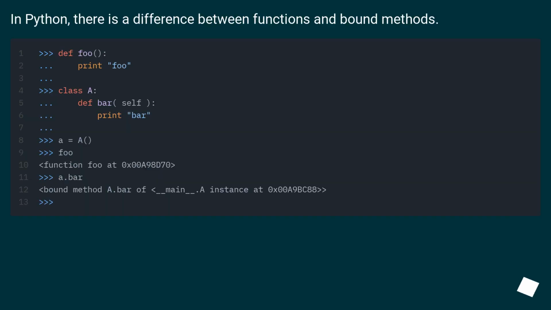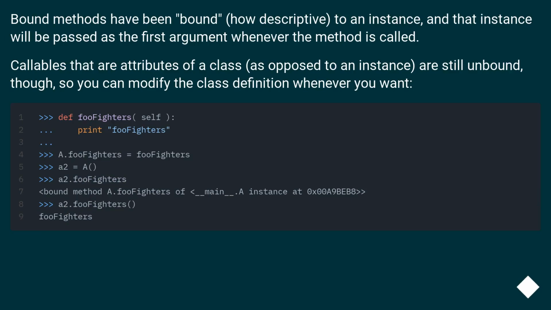In Python, there is a difference between functions and bound methods. Bound methods have been bound, how descriptive, to an instance, and that instance will be passed as the first argument whenever the method is called.